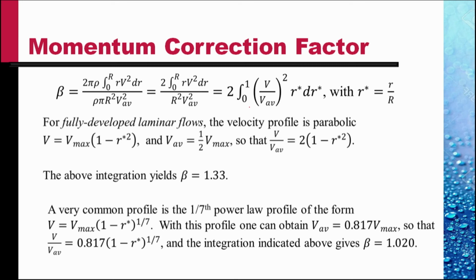A very small correction over 1. So if the flow at the inlet or the outlet or at both locations is turbulent, as it is more likely to be since most economical flows are turbulent, we may not apply the momentum correction factor because this will result in an improvement only by 2%, not significant.